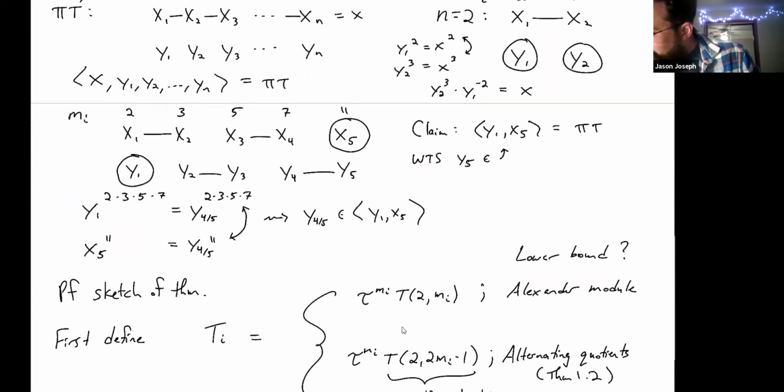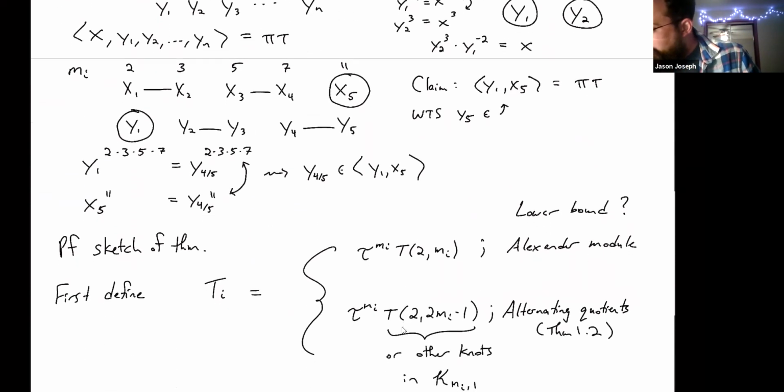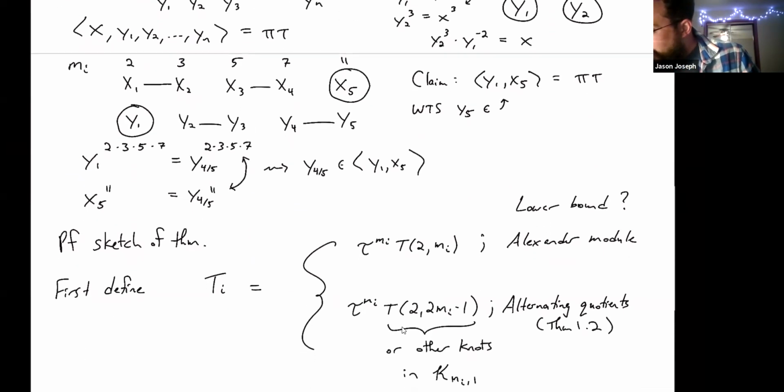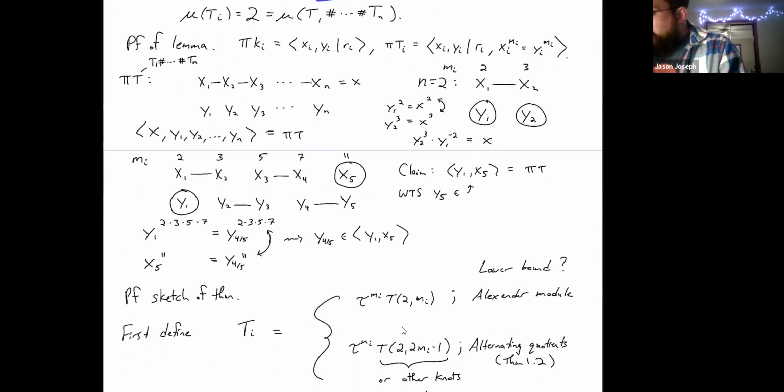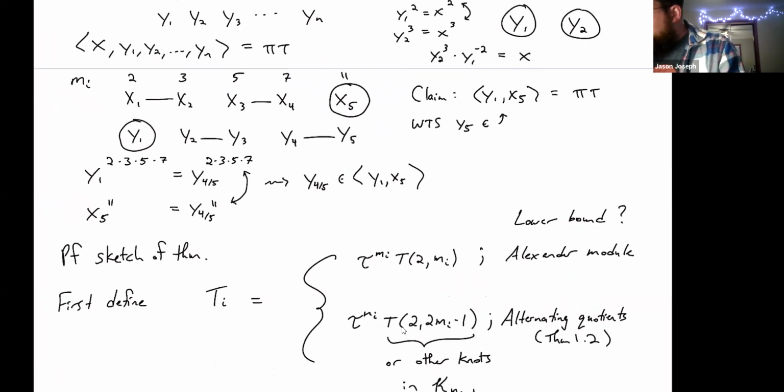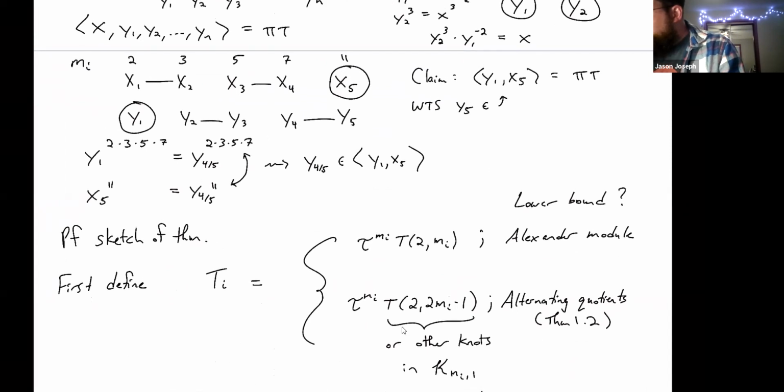So let's talk about the theorem. This was just the lemma. First, let's call T sub i these things in the lemma, these T sub i's. So twist spun 2-bridge knots, and we're going to want ones of a special form. We're going to need a lower bound to help us out.